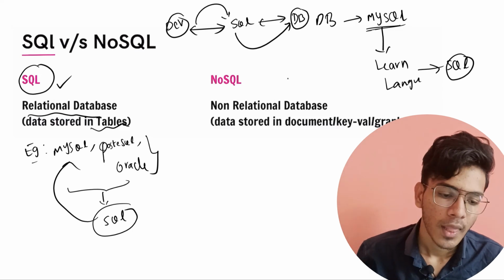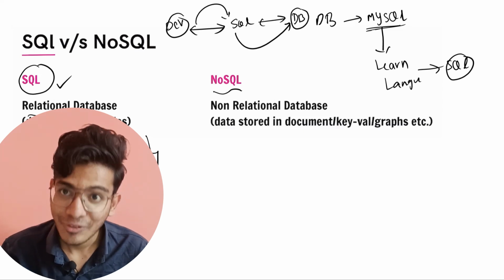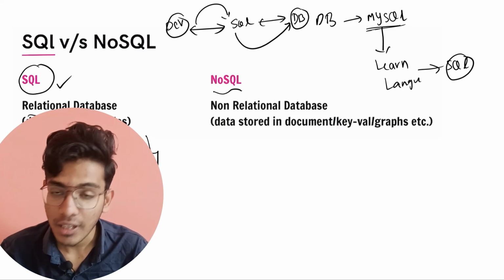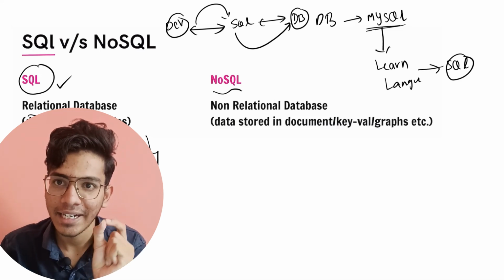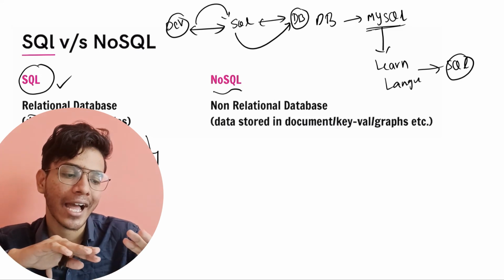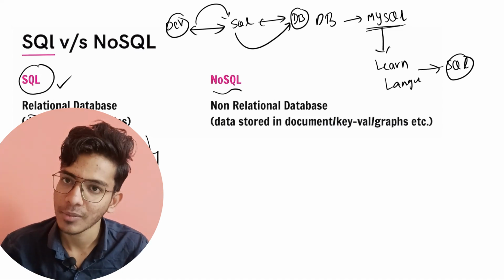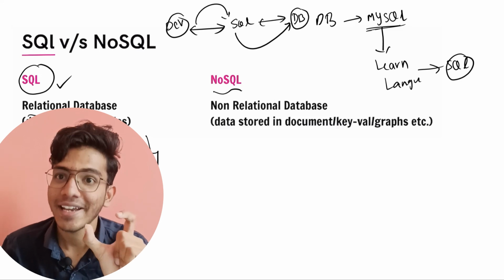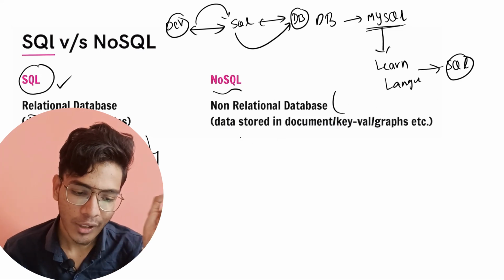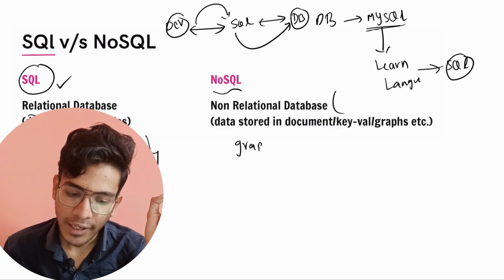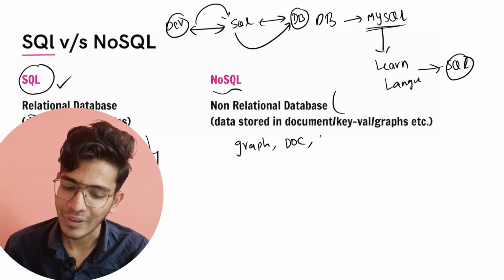Okay, now NoSQL refers to the databases used to interact with non-relational data. The meaning of non-relational databases is, let's say I am storing data in other formats but not in the form of tables, then that kind of database is known as a non-relational database. We can store data in the form of graphs, in the form of documents, in the form of linked lists.